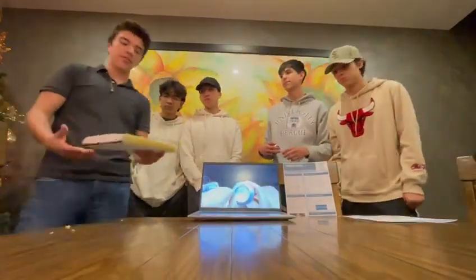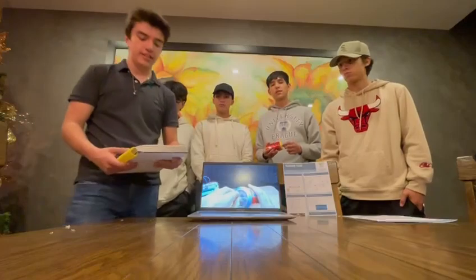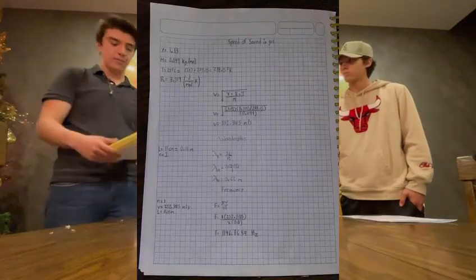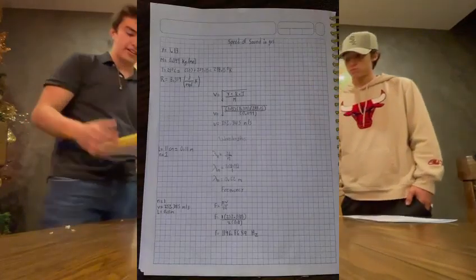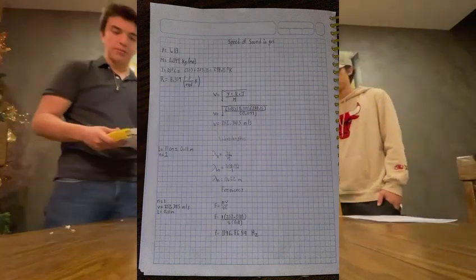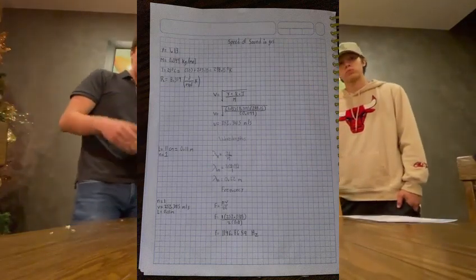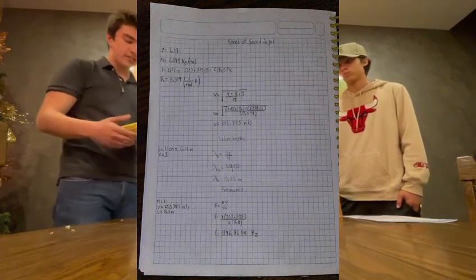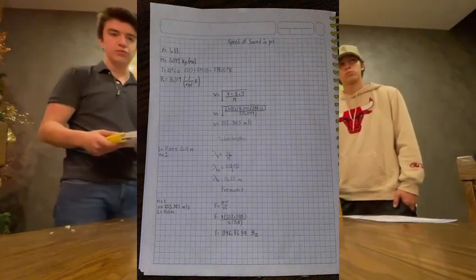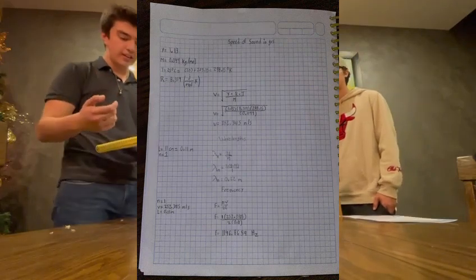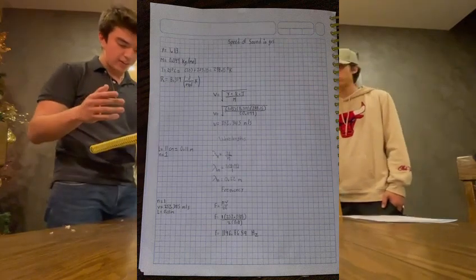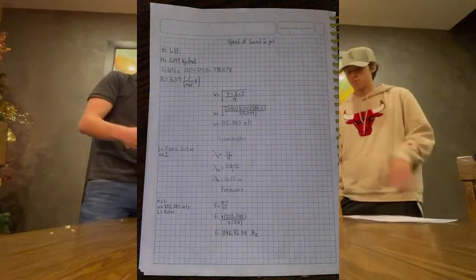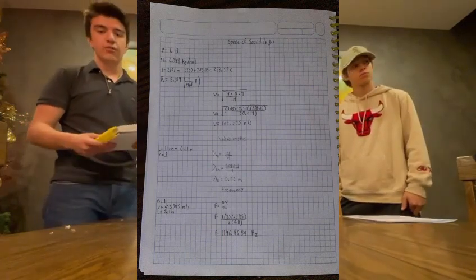Now we're going to talk about the calculations that we use for this project. As you can see in the image on the video, we have the speed of sound in gas, the wavelength, and the frequency. To get the speed of sound in gas, we have to look up the molecular mass of propane, which is the gas we're using to light it up. We have to use the temperature and two constants that we already knew.